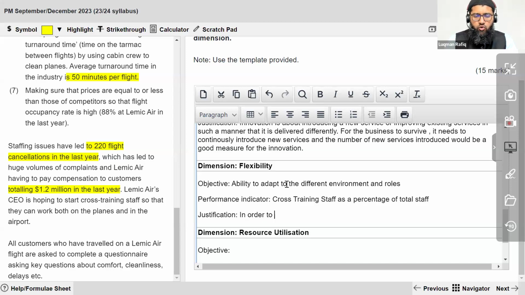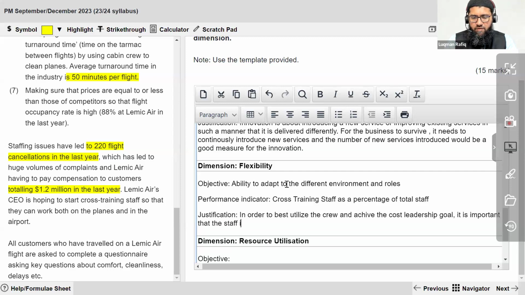In order to best utilize the crew and achieve the cost leadership goal, it is important that the staff is able to serve both on aircraft and also at the airport.